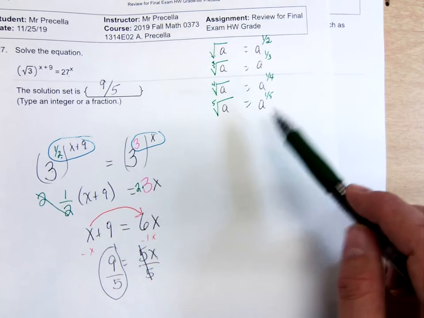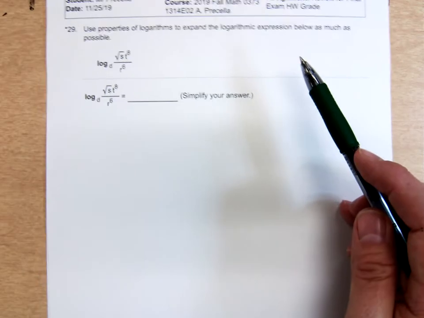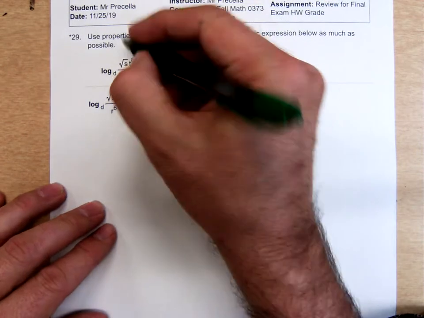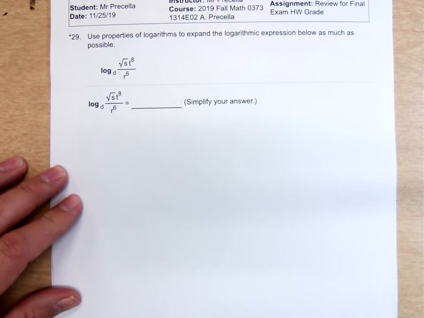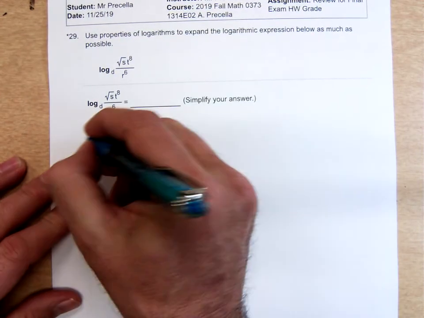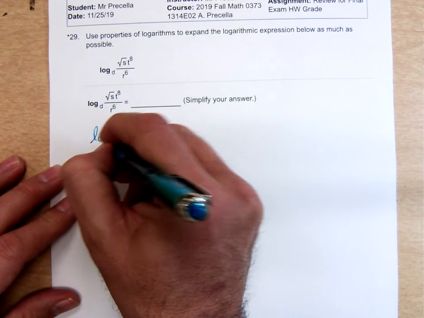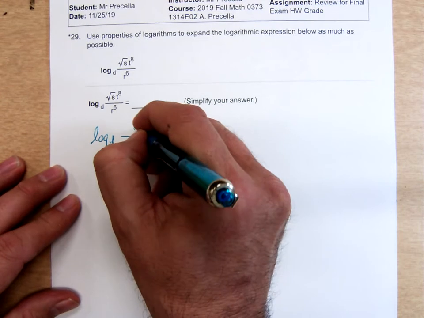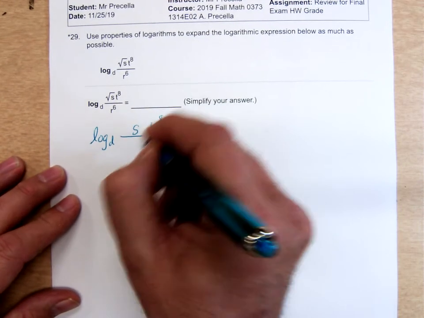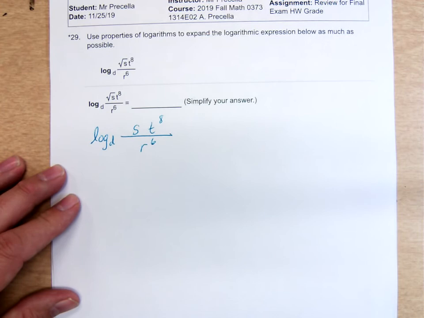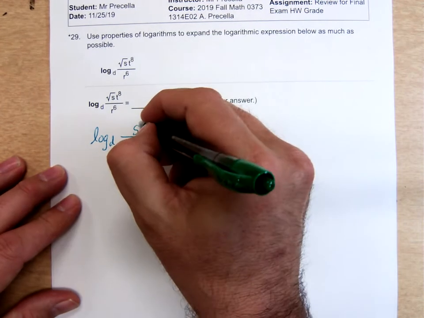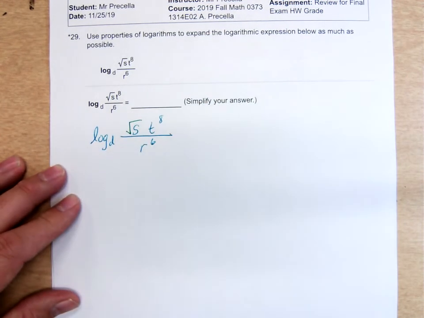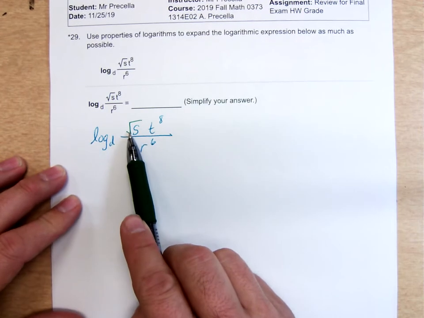Okay? The first thing we're going to have to do on this one is rewrite, I'm going to write log, that's a base D, S, T to the 8th, R to the 6th. I've got to rewrite this square root as a 1/2 exponent.